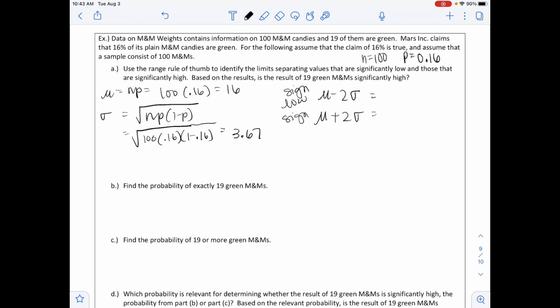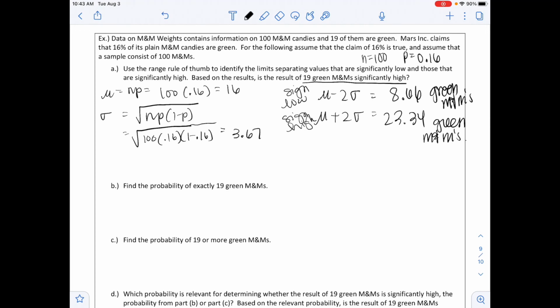So we have significantly low and significantly high. For the significantly low cutoff, we get 8.66, and this is green M&Ms. And significantly high is going to be 23.34 green M&Ms. So it also asks, based on the results, is the result of 19 green M&Ms significantly high?